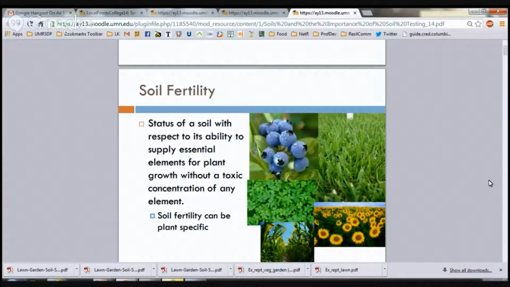And you'll notice if you do any gardening that soil fertility tends to be plant specific. So depending on what you're growing, you'll have to do a little bit of digging for extra information, and those recommendations are provided for you on the Moodle site.